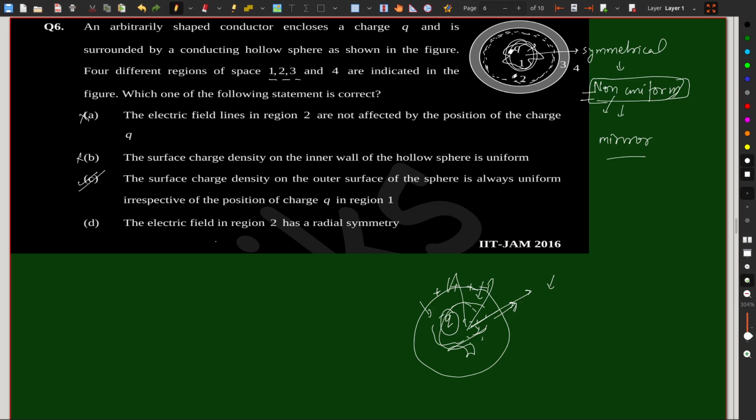D: the electric field in region 2 has a radial symmetry. Radial symmetry will not be there because the electric field is non-uniform, due to the non-symmetric distribution of charge.